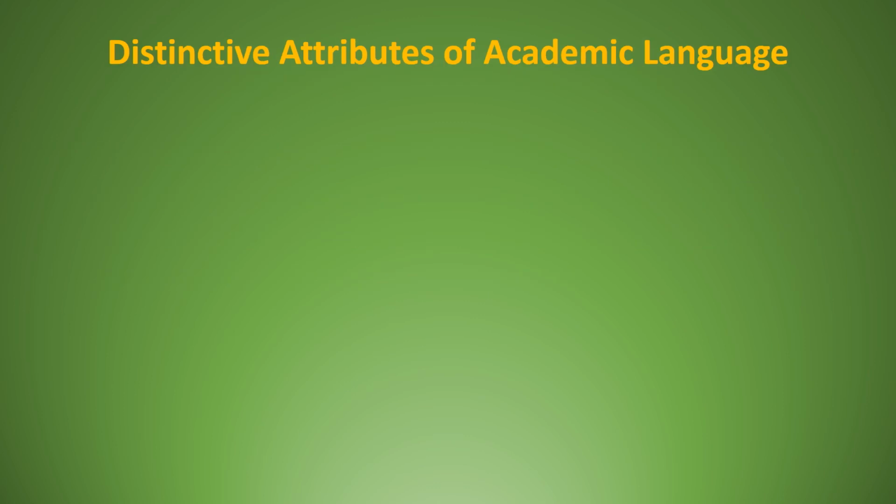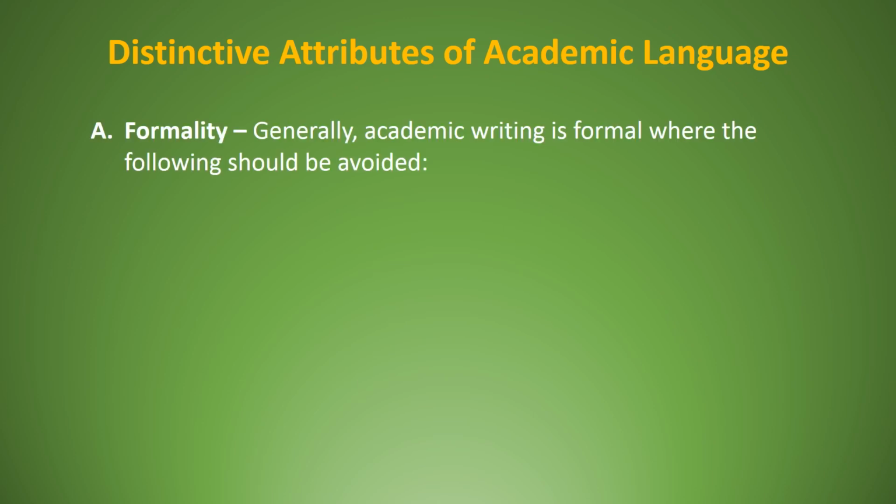So we have here the distinctive attributes of academic language. First, we have formality. Generally, academic writing is formal, where the following should be avoided, meaning the proper usage of words, it should be formal. And there are some words that we should avoid that might decline the recognition of the text as academic.